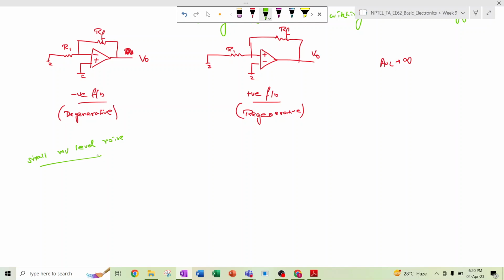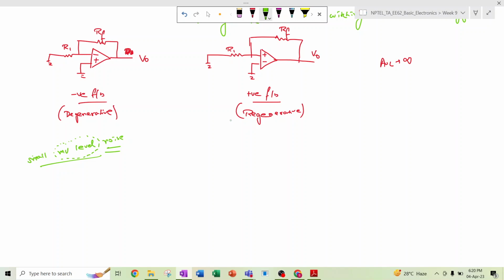Noise is present in any circuit, so this noise can be easily fed to the input terminal of the op-amp. So suppose this small millivolt-level noise is affecting the two circuits similarly at a certain point of time, in case of the negative feedback and also in case of the positive feedback. Noise has a small amplitude, that is, a millivolt-level signal, and also a very high frequency, so you can consider it as noise.